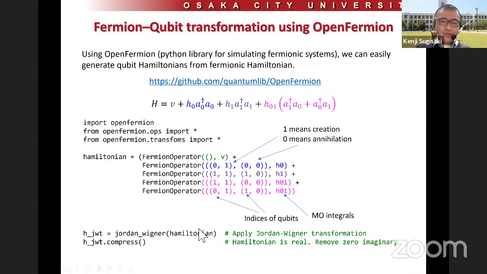Of course the Hamiltonian is real in general, but if we just apply Jordan-Wigner, the resultant Hamiltonian is complex. So in order to remove the imaginary term, we apply a complex function.